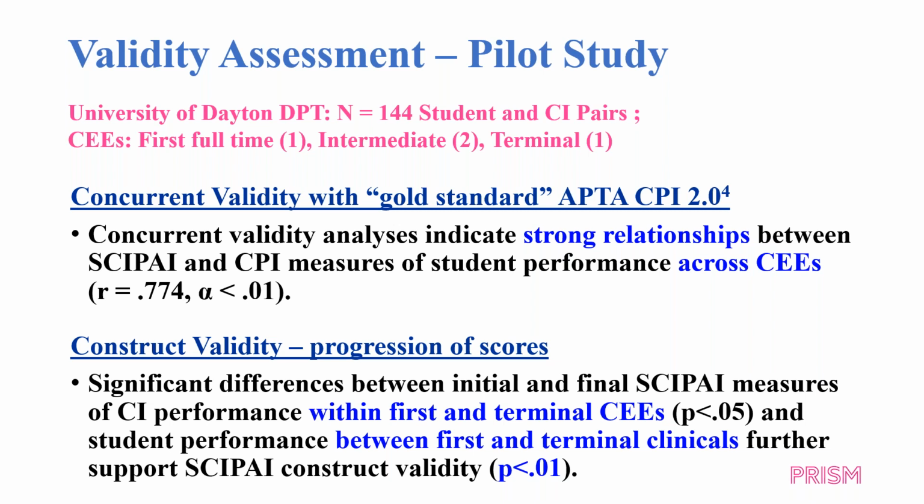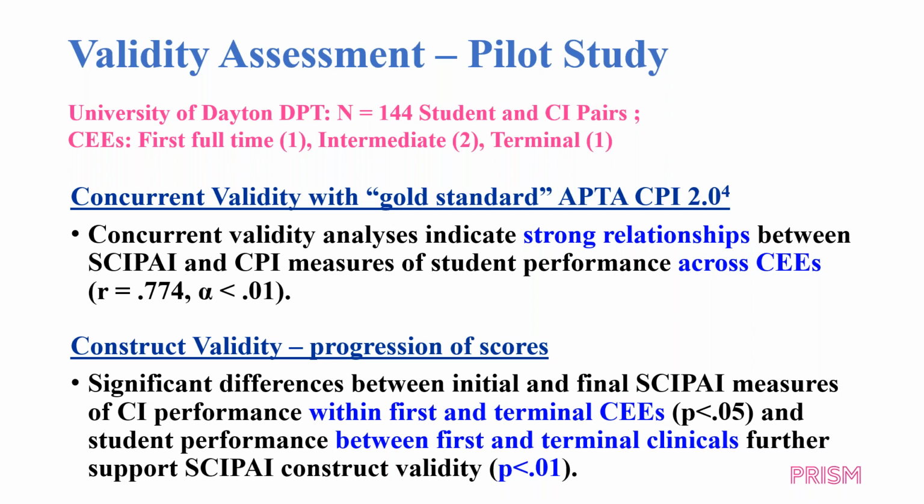For construct validity, we looked at progression of scores, first between initial and final SCIPAI measures. And we found that for student and CI performance, there was a significant progression of scores between first and final, let me back up a second.